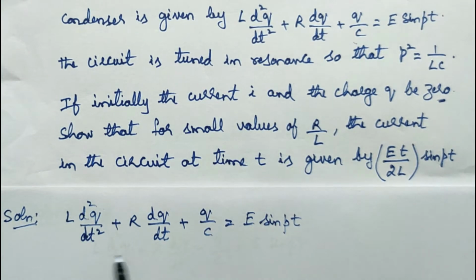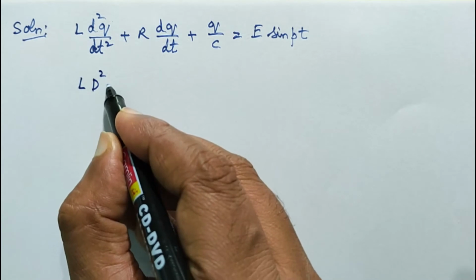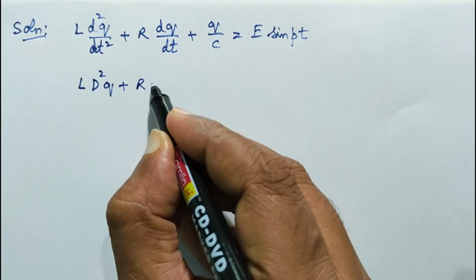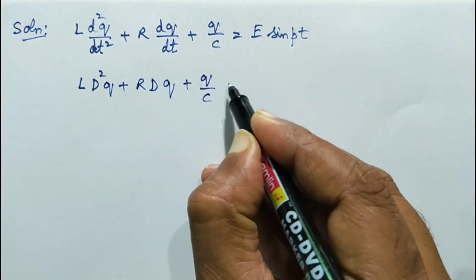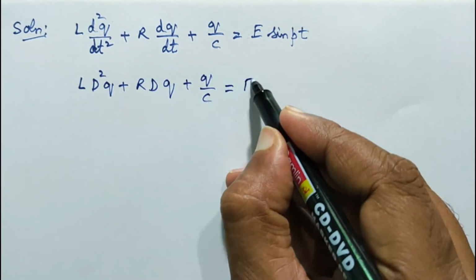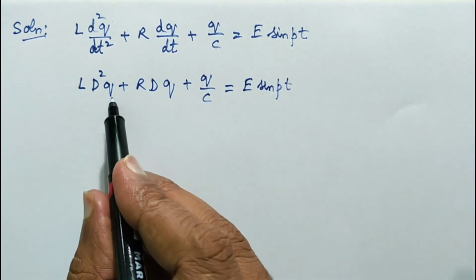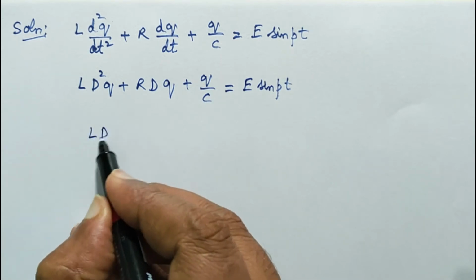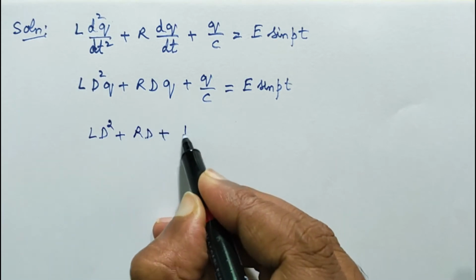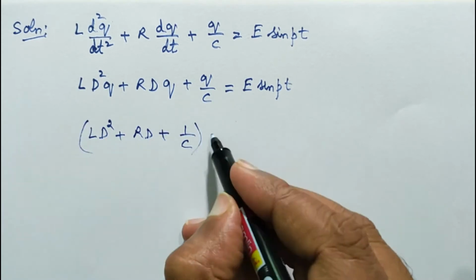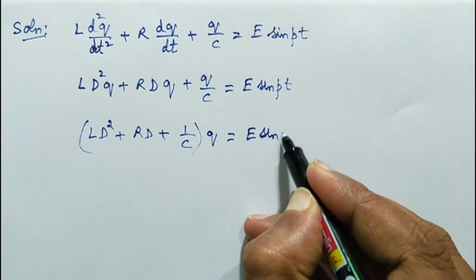So let us write this in the form of the operator: L times D square Q plus R times D Q plus Q by C is equal to E sine pt. Let us take Q common outside here: L times D square plus R D plus 1 by C times Q is equal to E sine pt.